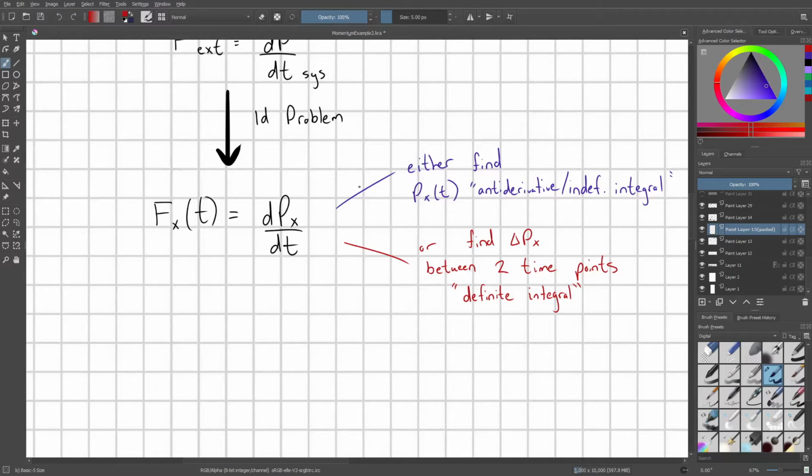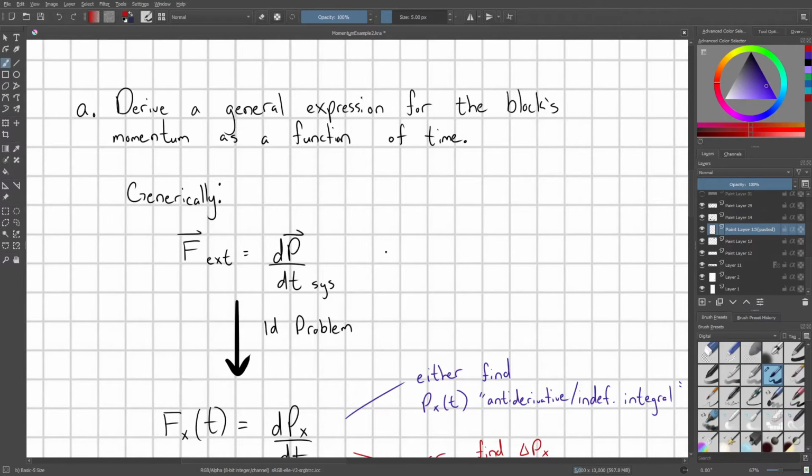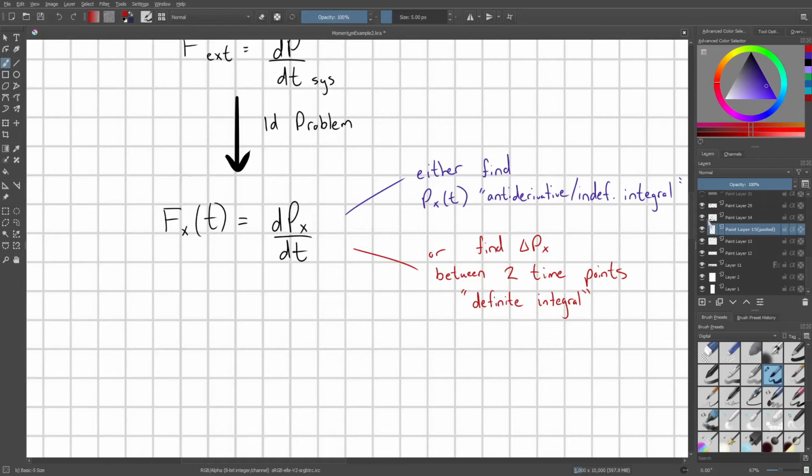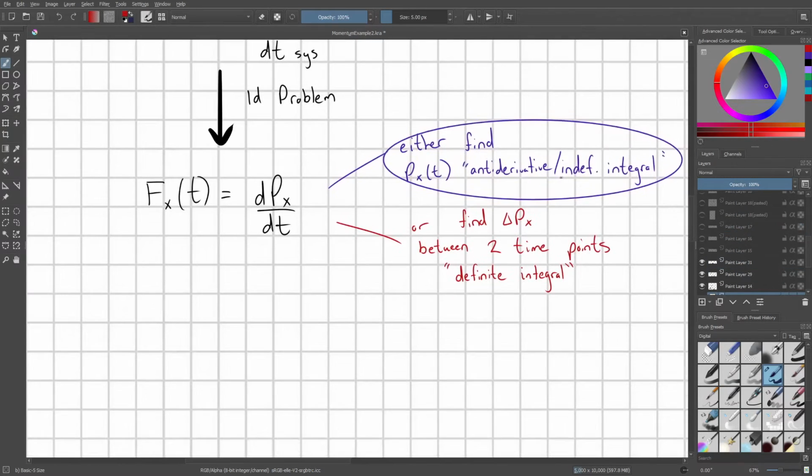To go with route 1, we'd have to use the indefinite version of an integral. To go route 2, we'd have to use the definite version of an integral. This problem, of course, is asking for the purple, right? A general expression for the block's momentum as a function of time. So we're going to somehow be using this route here.